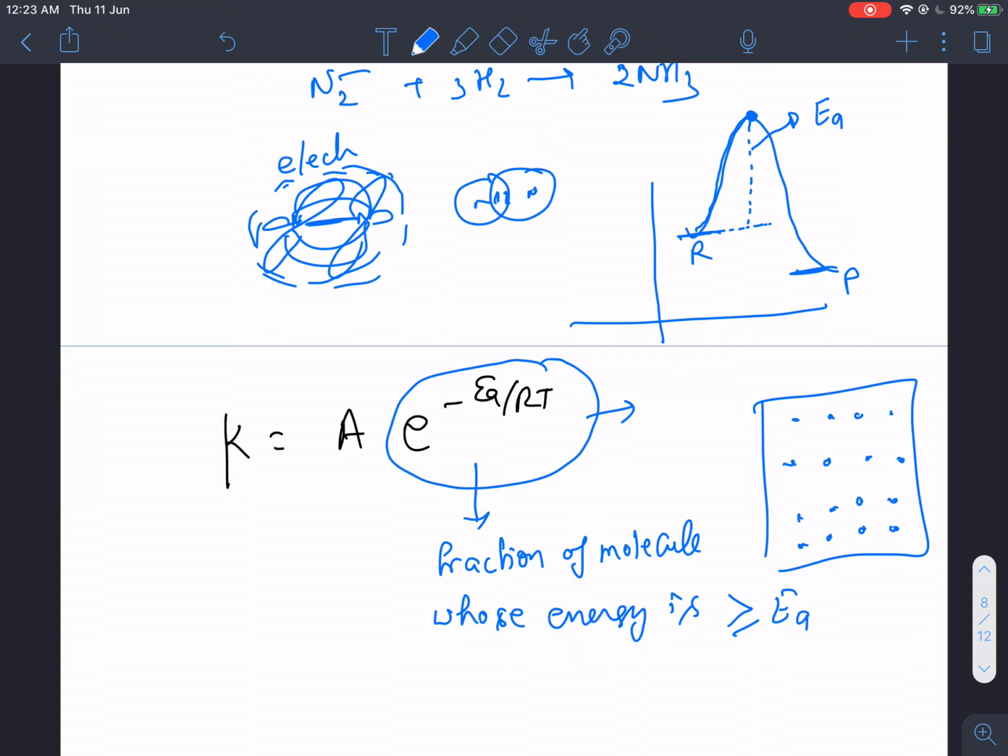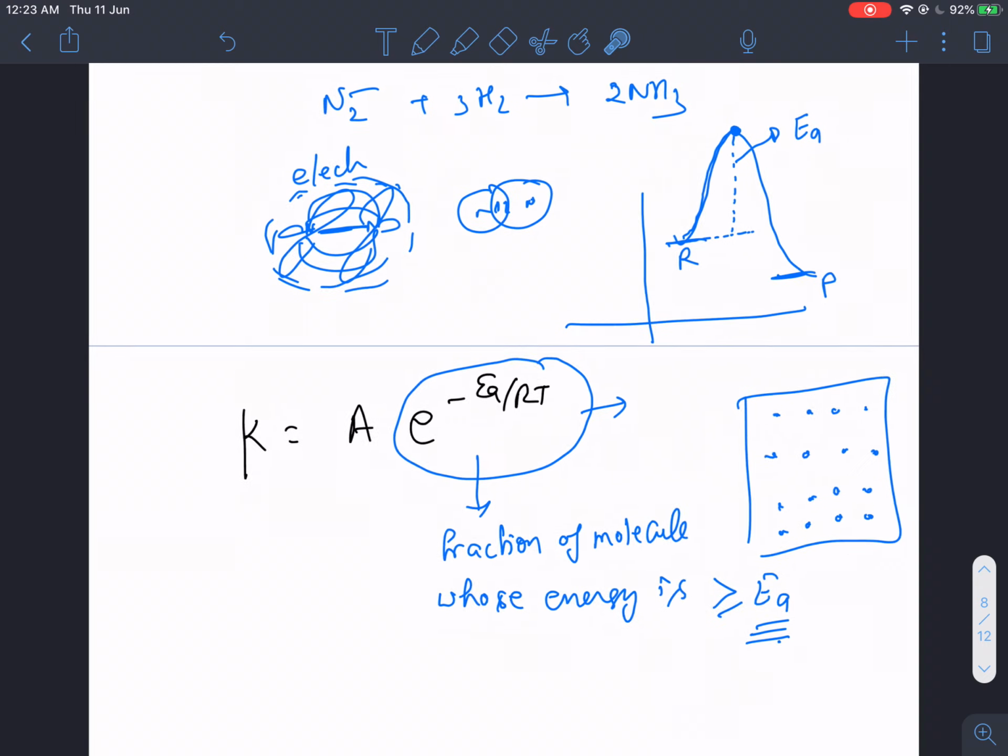So out of the million molecules, what fraction of molecules in the container have energy greater than or equal to EA, that is what the value of e to the power minus EA by RT tells. Right? Obviously it will be far less than 1. Okay, so that's all about the Arrhenius equation.